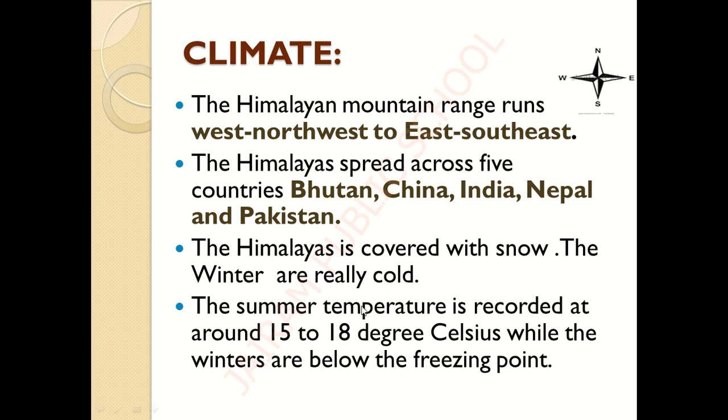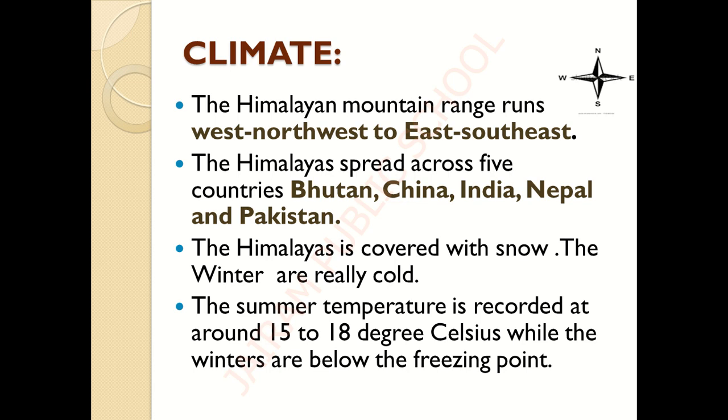So see the temperature of the summer. The summer temperature is recorded around 15 to 18 degrees Celsius. By the degree itself we can know the summer will be only a little bit of heat, a pleasant heat, and the winters will be below the freezing point. Freezing point, you can compare with your fridge freezer.